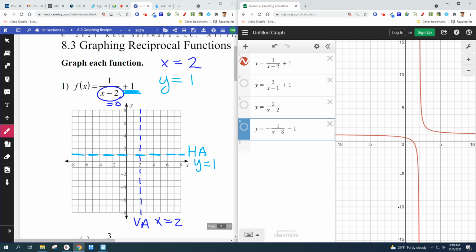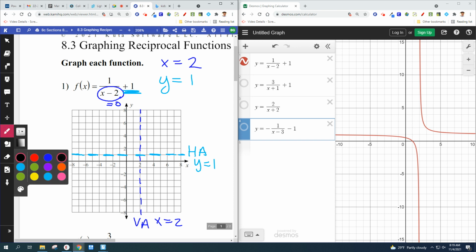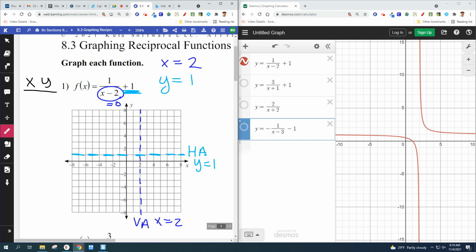And if we didn't have Desmos, we'd have to do this completely by hand. So we would say, okay, if I make an XY table and plug in some numbers, I can't plug in 2 because 2 would give me a 0 on the bottom of a fraction, which is no good. But I can plug in pretty much anything else.